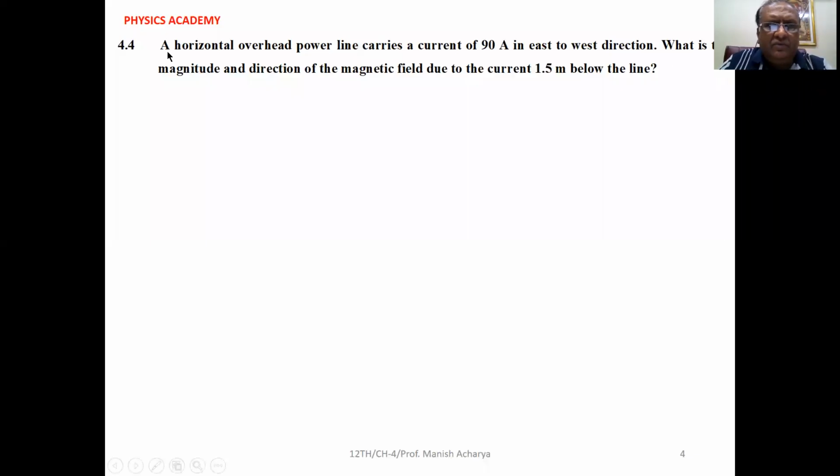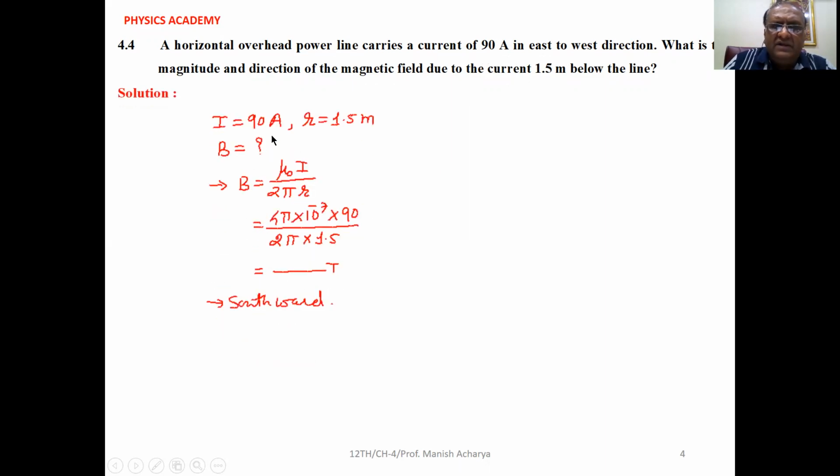Now example 4.4. A horizontal overhead power line carries a current of 90 ampere in east to west direction. What is the magnitude and direction of the magnetic field due to the current 1.5 meter below the line?